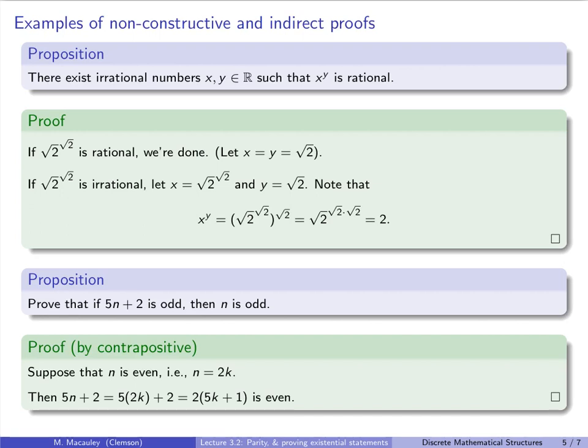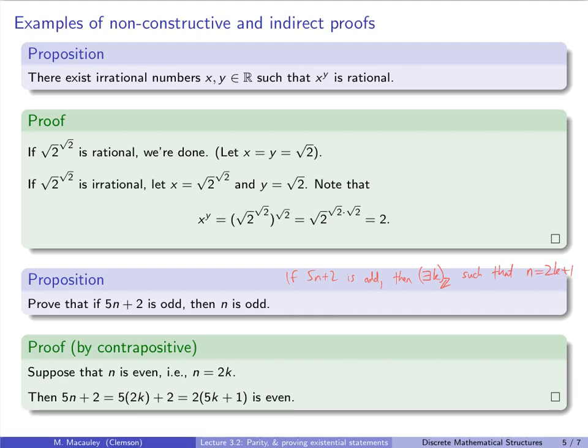Okay, so let me mention the same thing that I did a few slides ago. This is one example of something that I'm saying is an existential statement, but you could also cast it as a universal statement as well. So for example, with an existential quantifier, I could say if 5n plus 2 is odd, then there exists an integer k such that n equals 2k plus 1.